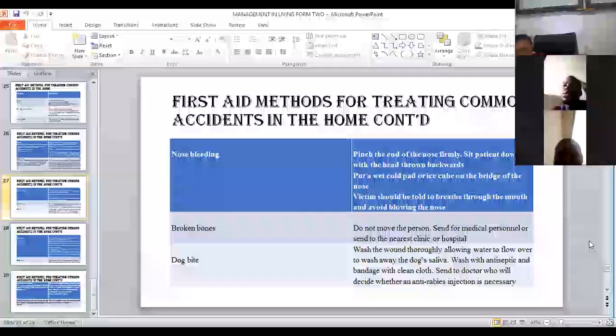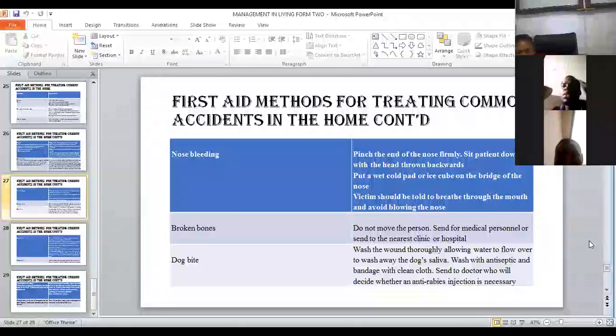So for that, you just calm the person down and then you send for a medical person to attend to the person, or you rush the person to hospital. You don't have to waste time at all. For the broken bone, there is nothing you can really do.